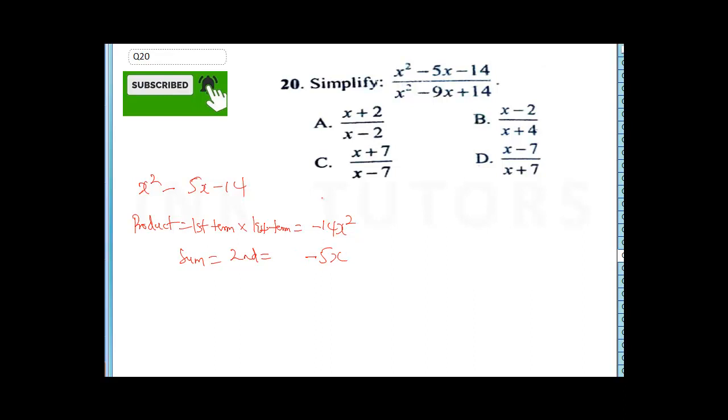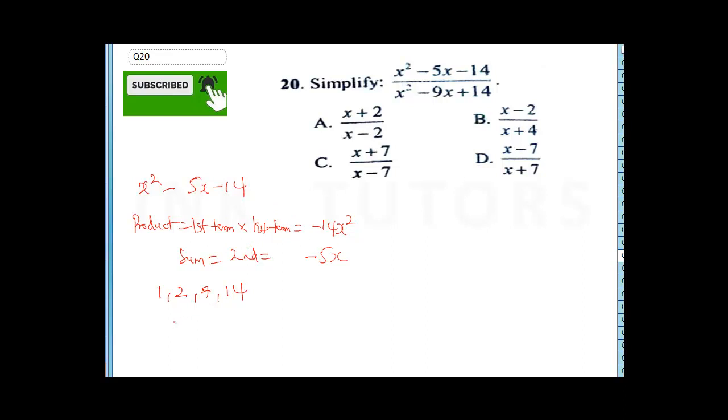I'm going to do this for only the numerators, but you figure out the denominator. So we're going to look for factors of 14, which are 1, 2, 7, and 14. So which numbers, when I add them, will give me 5, and when I multiply them, will give me 14x squared.